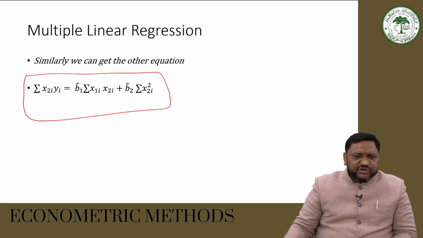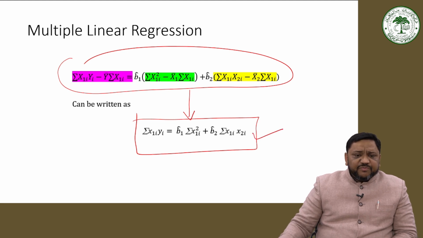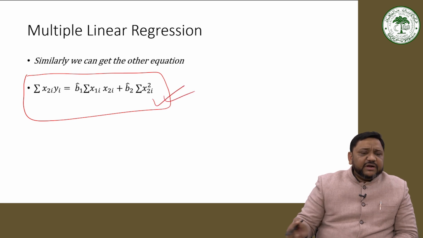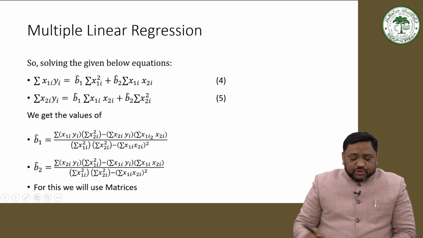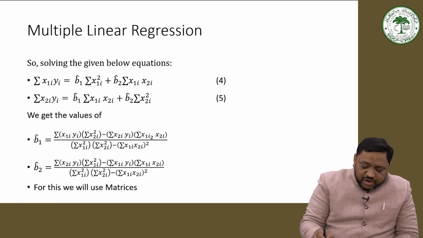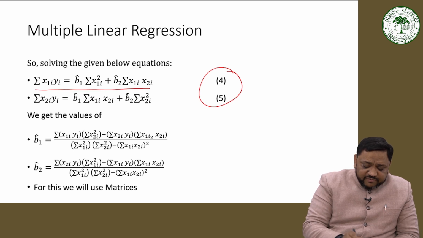From the second equation we got the earlier one, and from the third equation, upon algebraic manipulation, which we have just seen, we will get this equation. So the basic purpose until now is that we have got these two equations, termed equation 4 and equation 5.